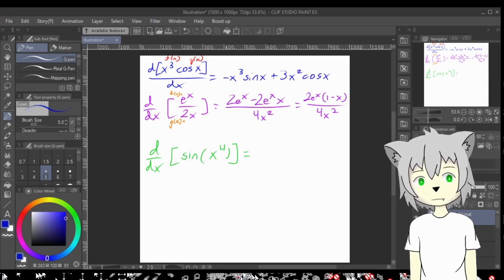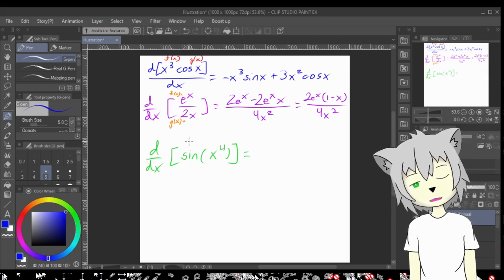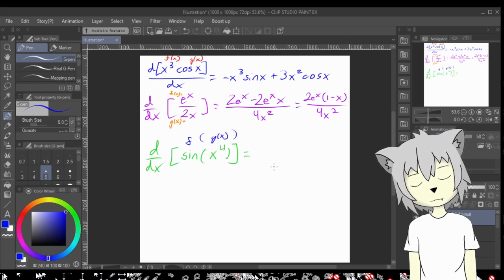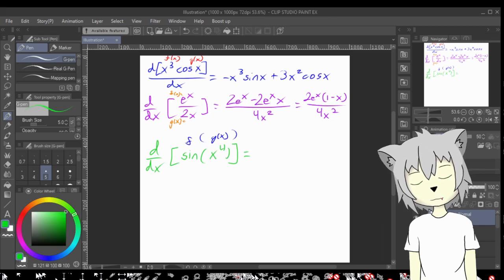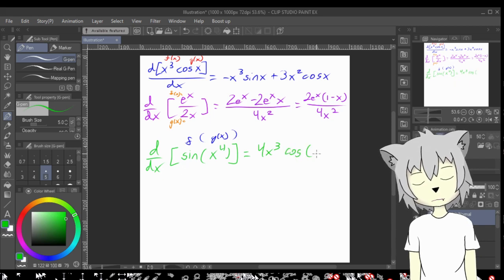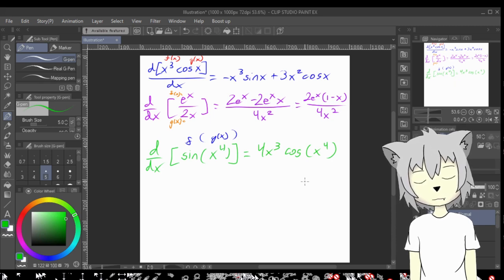And this is our f here, and this is g of x there. This is all not that hard, but we find the derivative of g for x to the 4th, and then we find the derivative of f, which is cosine, but we don't change what's inside, so that's basically it.